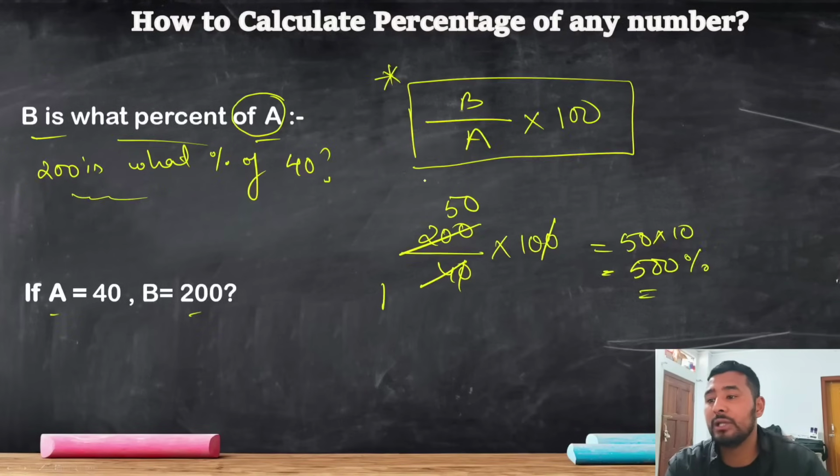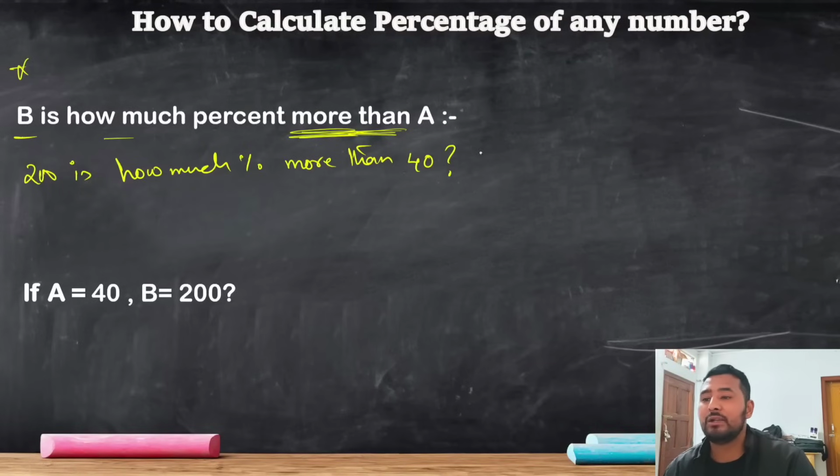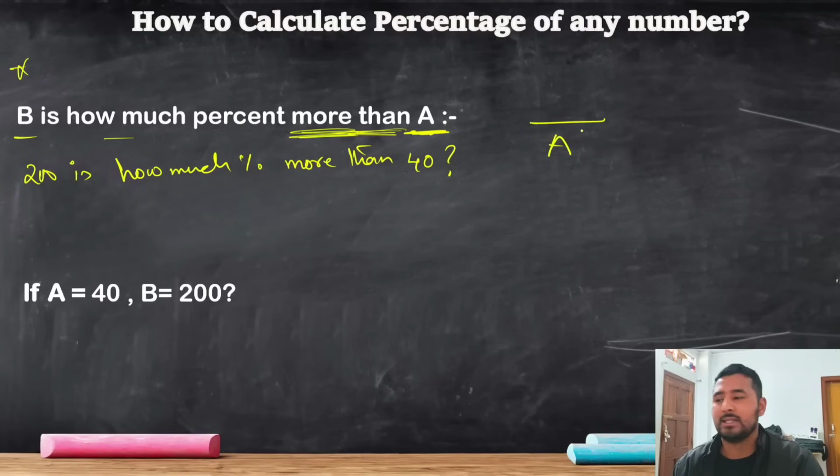It was direct, so you did B by A, right? Now again you have to see which one we are comparing with. We are comparing with A, right? So remember, we are comparing with A, so A will come in the denominator, B in the numerator. But now it will not be direct, because the word "more" has come here.